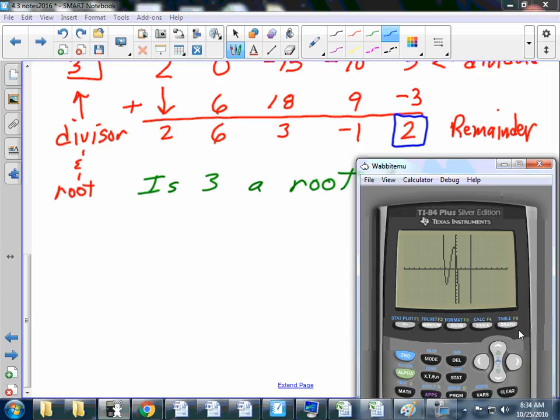And this is the cool part. If I said to you, what is f of 3?